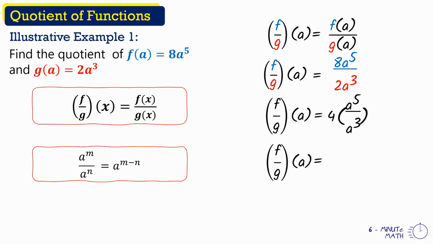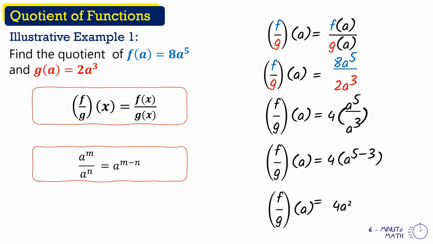So, magiging f over g of a is equal to 4 times the quantity a raised to 5 minus 3. Sinubtract lang natin yung exponent na 5 and 3. The answer now will become 4a squared.